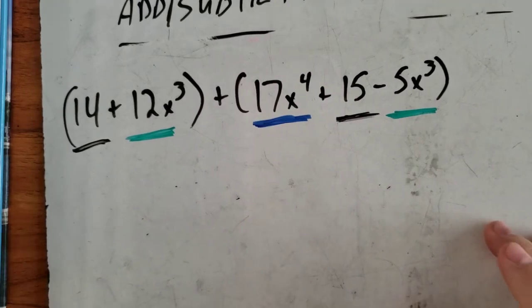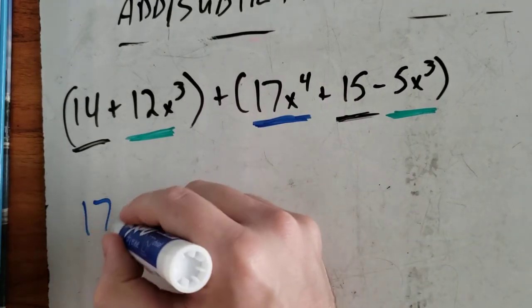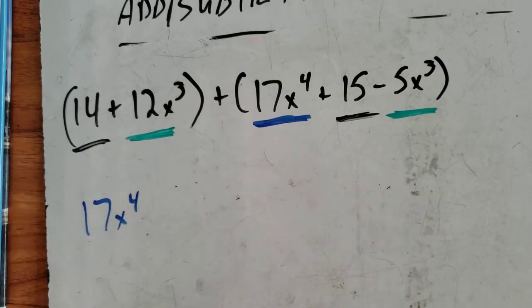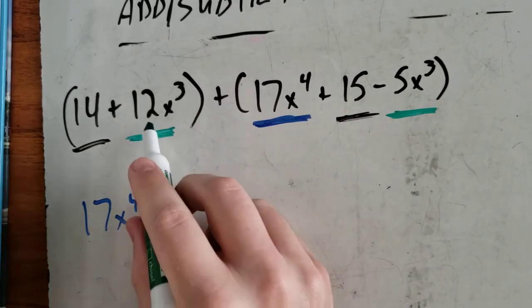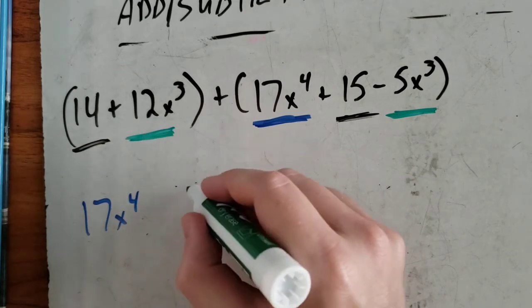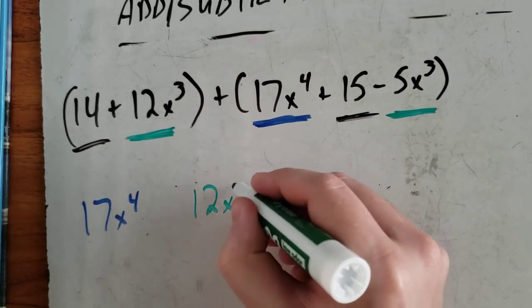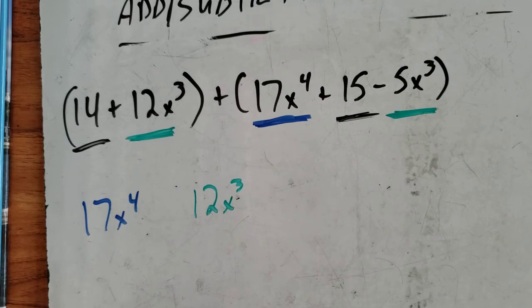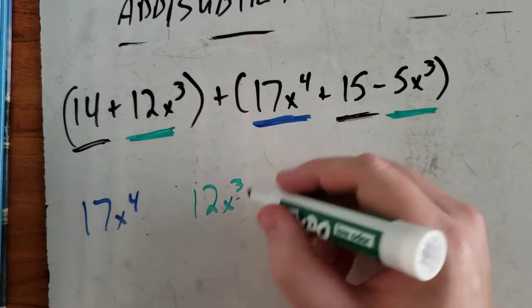Let's go ahead. We're going to write that down first. 17x to the fourth. There's nothing else like it. It stays the way it is. Our next one is our x to the third here, x to the third here. So write those down. Starting from left to right, we have 12x to the third. And it's a plus.